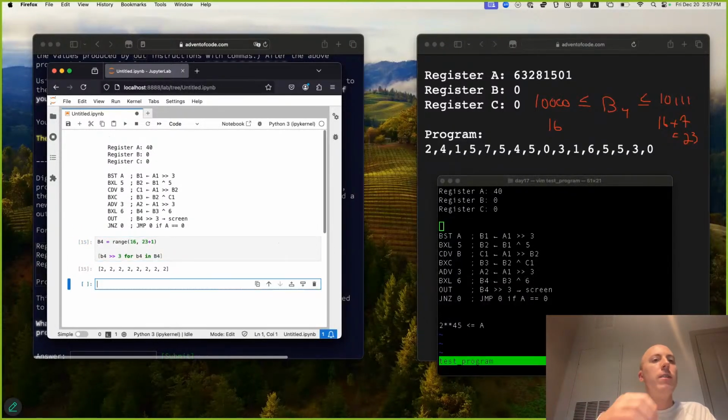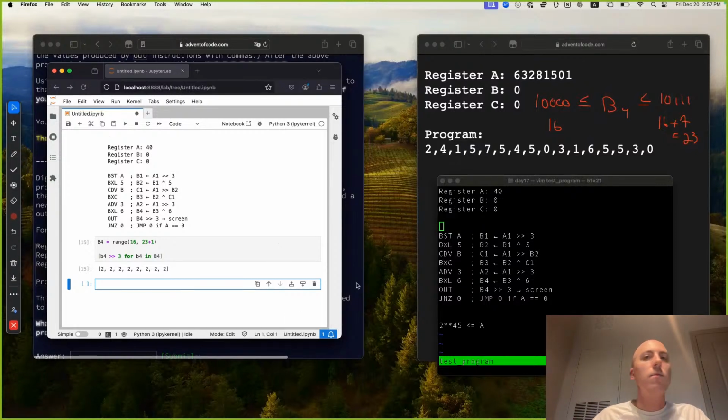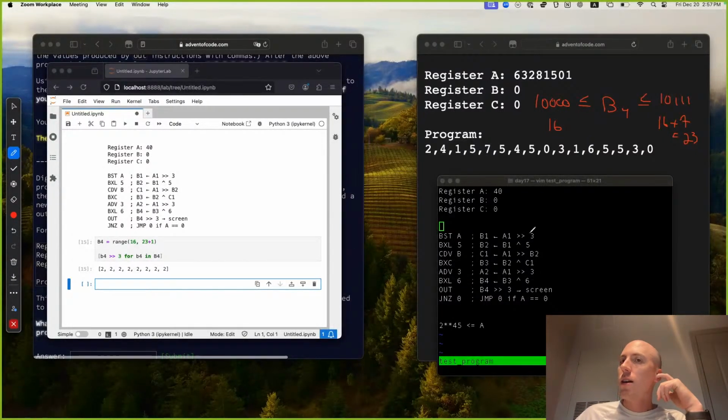That's pretty cool. So now we have these numbers for B4. We know that if B4 is in this set, then we're going to get a 2.